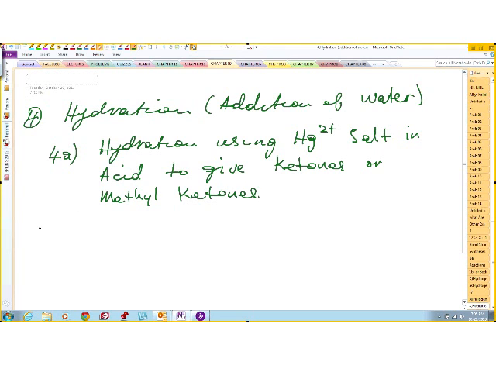Now, what do I mean by that? If you have this, this is what we call a terminal alkyne. In other words, the carbon-carbon triple bond is at the end of a carbon chain.